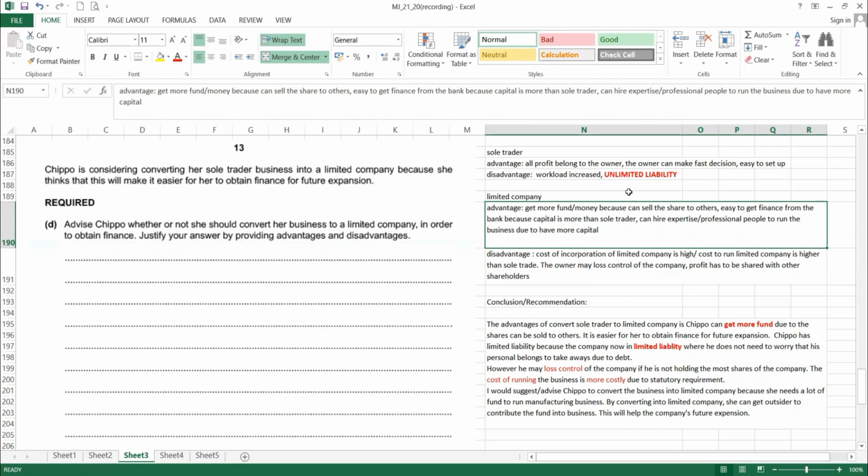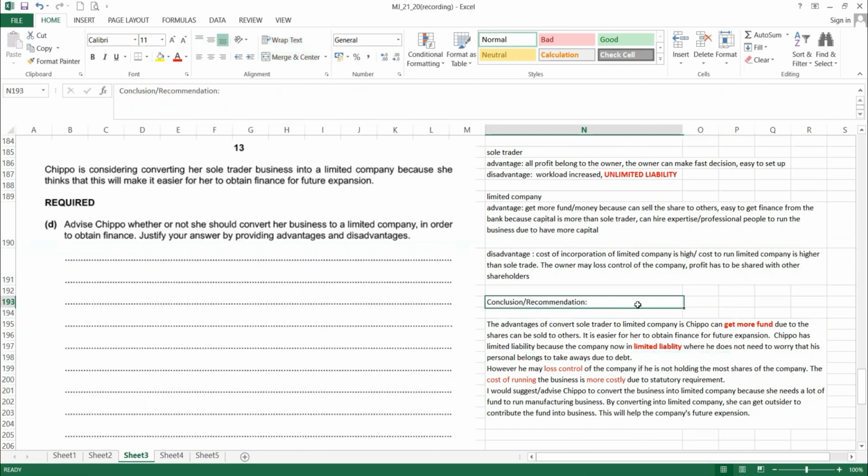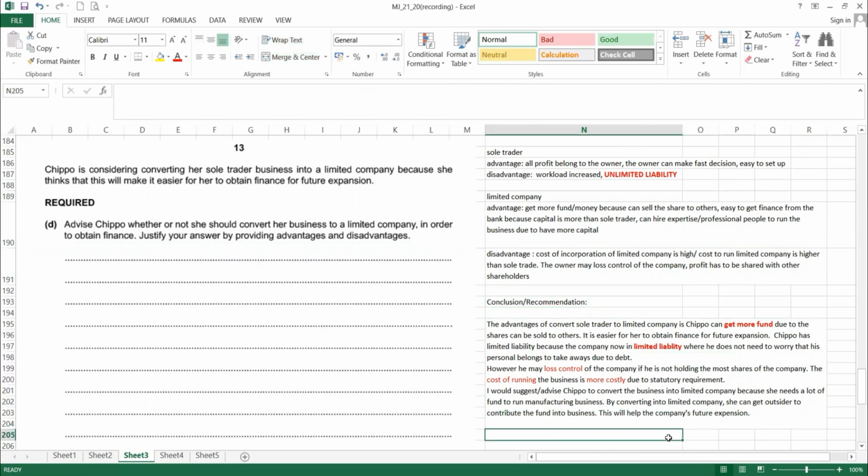This is a point trying to give you the hint how to answer the question. But overall, the answer depends on how you write it. Try to use the points, write complete sentences. And then don't forget the last sentence is your conclusion, whether you support or not support. So that is up to the individual. See what is the angle that you look into it. Okay, this is for question 3.